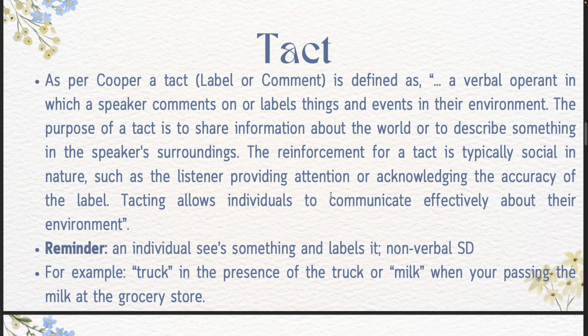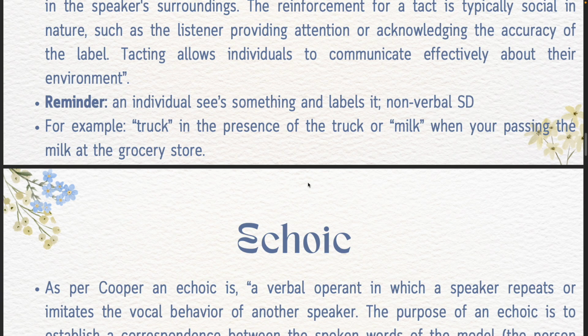So for example, truck in the presence of the truck, or milk when you're passing the milk at the grocery store, right? So think of a tact as you're walking down the street and you're labeling what you see. So if I'm walking, I might label car, tree, sky, clouds, flowers, butterflies, when I see them. Okay?